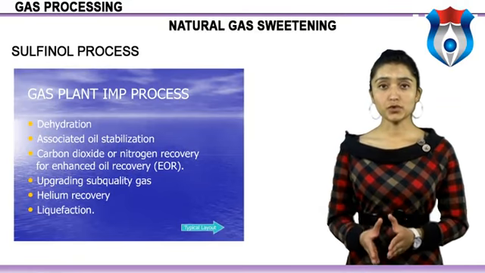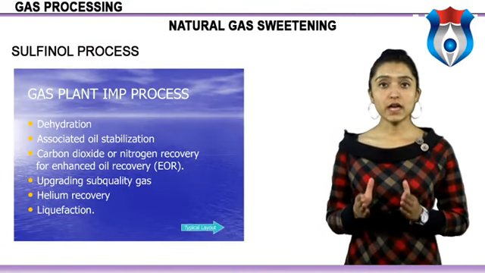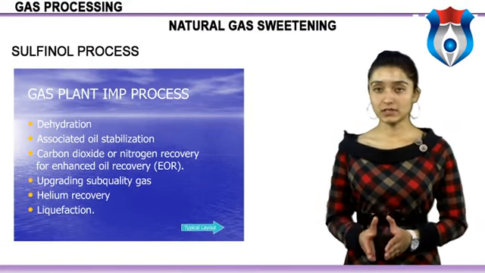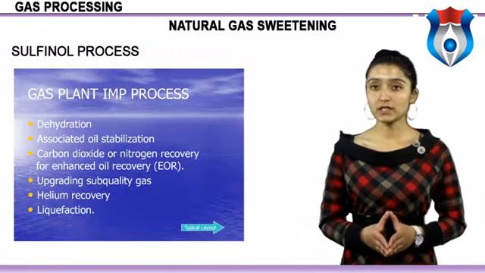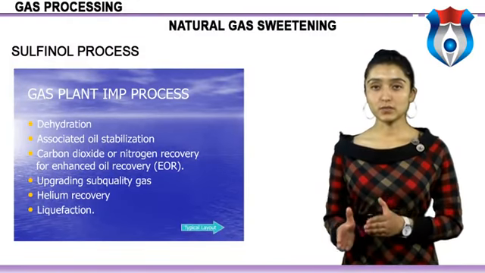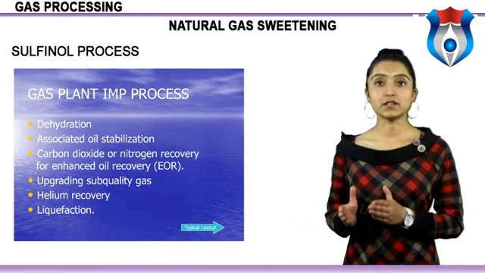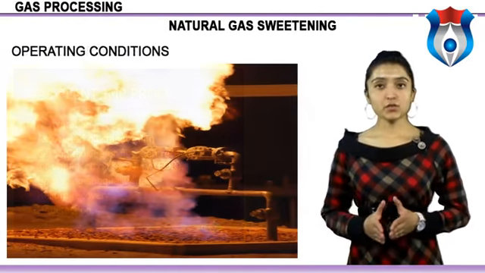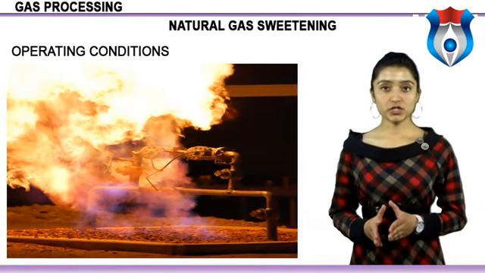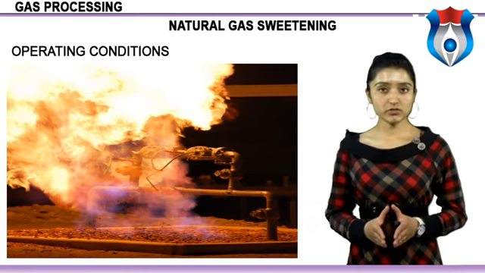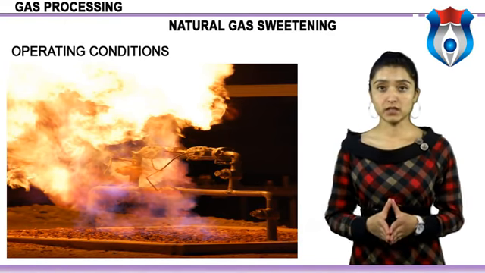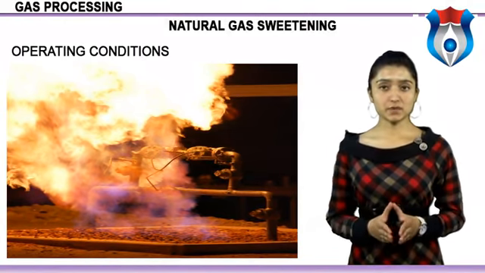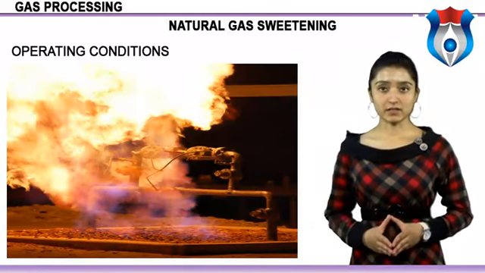The Sulfinol process is unique in the class of absorption processes because it uses a mixture of solvents, which allows it to behave as both a chemical and a physical absorption process. Very wide ranges of treating pressures and contaminant concentrations can be accommodated. Natural gas pipeline specifications are easily met.